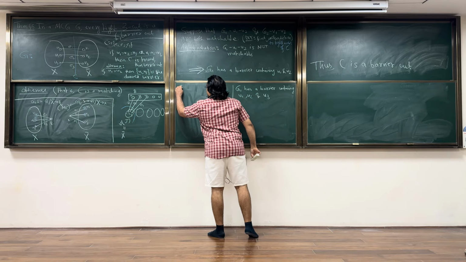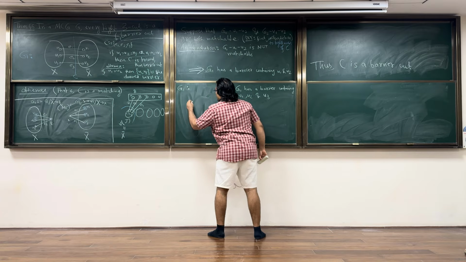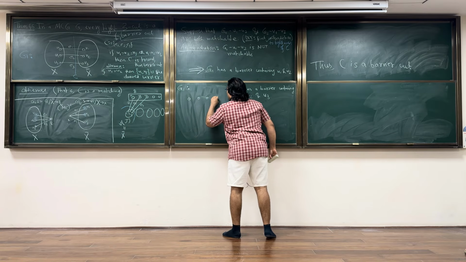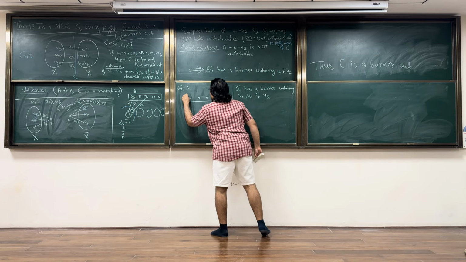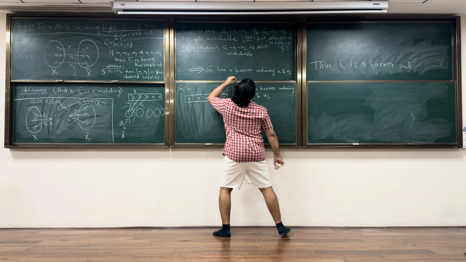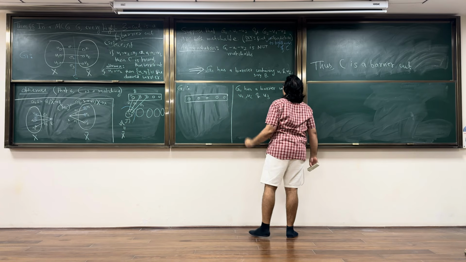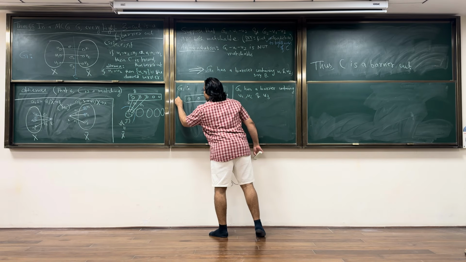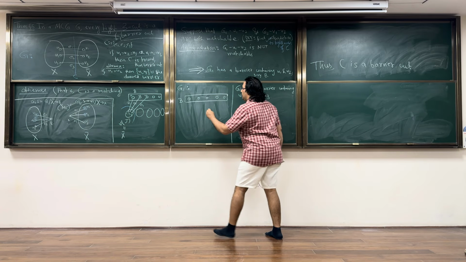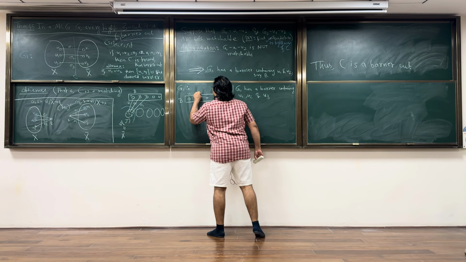So this is my graph G1. There is some barrier. Let's call it B for now. This is B, and it contains U1 and U2.